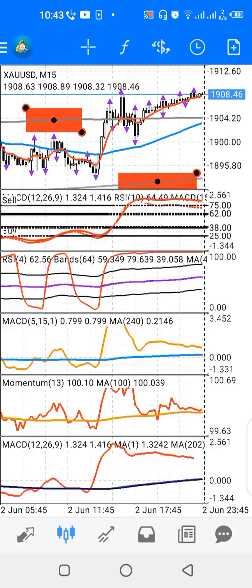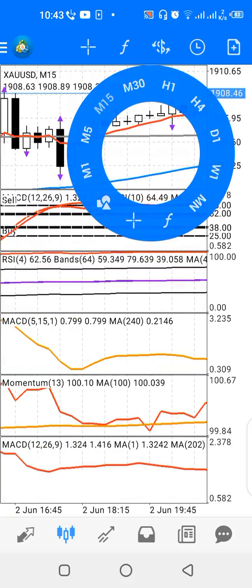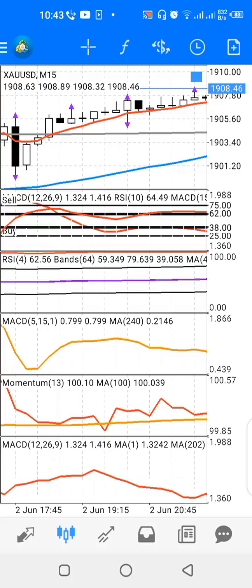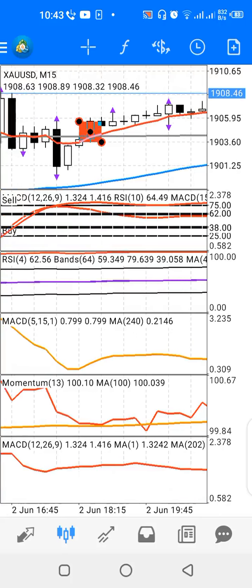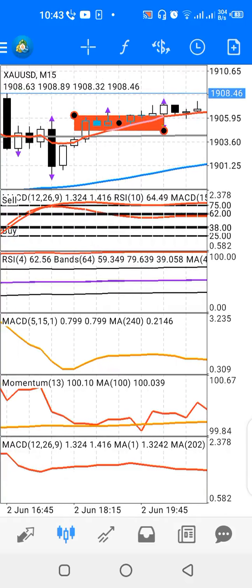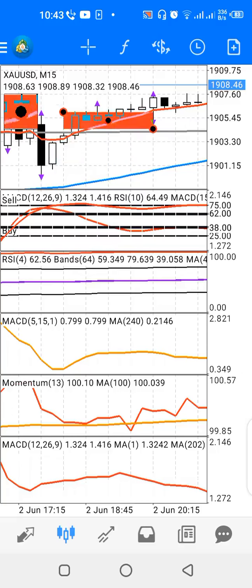And also when you have two bullish closes, like around here, you have your first bullish close above the red line, then the second bullish close. So you can enter your buy trade somewhere around here. The stop loss will be somewhere around here.